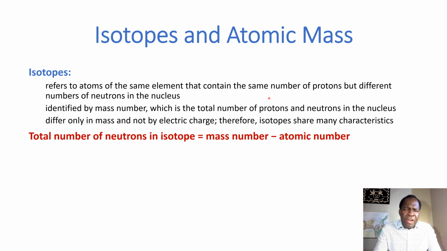Therefore, the number of neutrons in an isotope equals the mass number minus the atomic number. You deduct the atomic number from the mass number to find the total number of neutrons in the isotope.